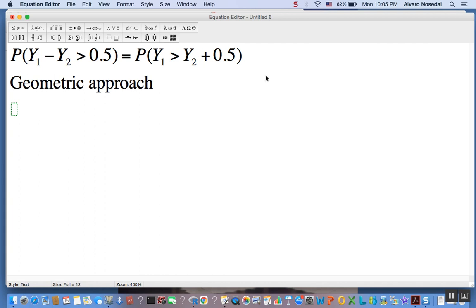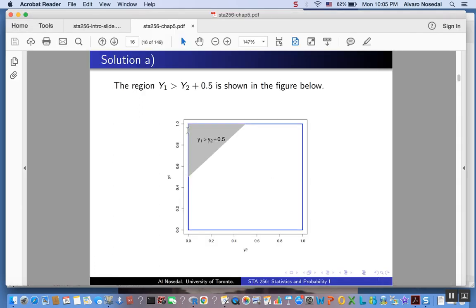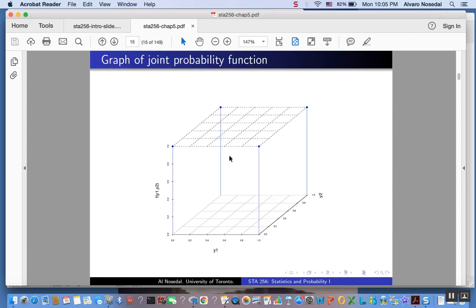So we have base times height divided by 2, that's going to be the area of that triangle, times the other height that we have, which is just 1, and that's going to be the volume.